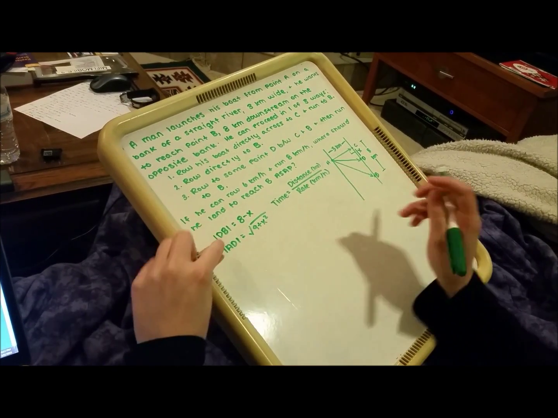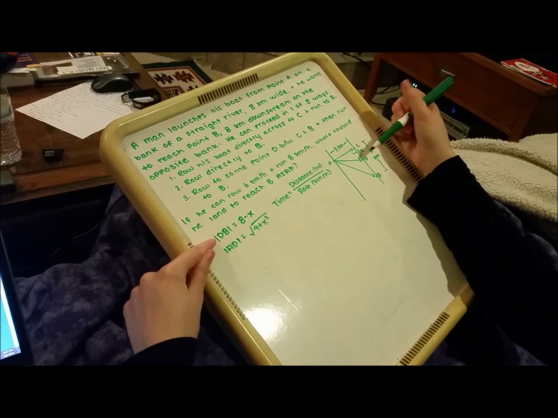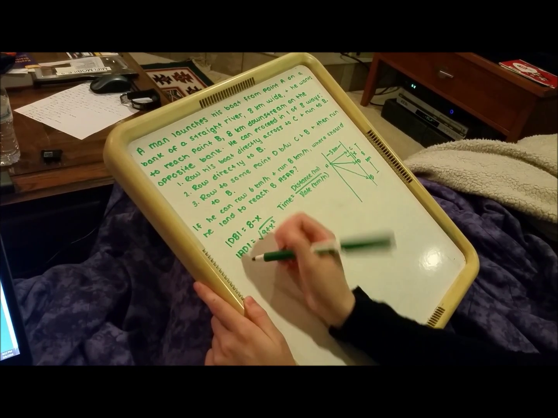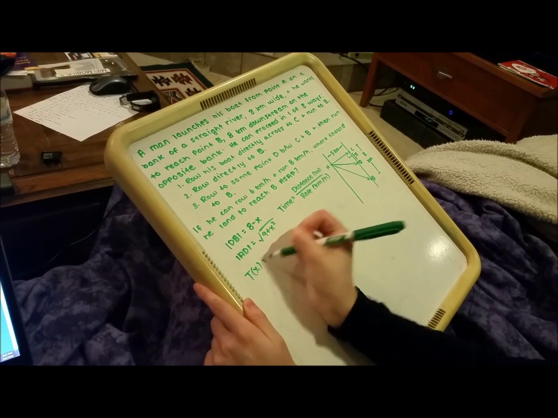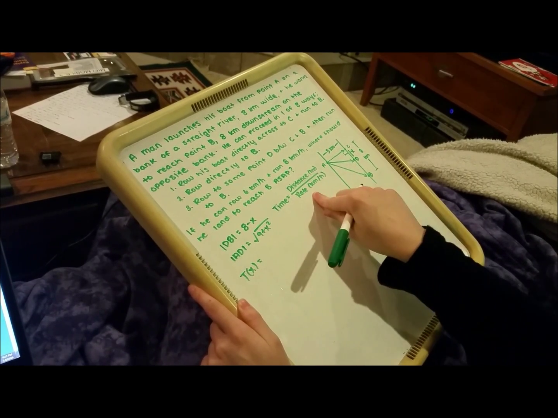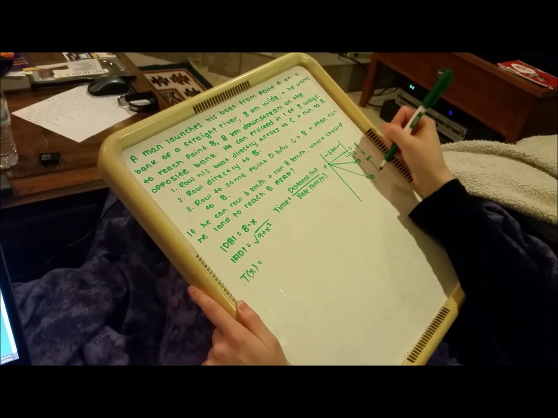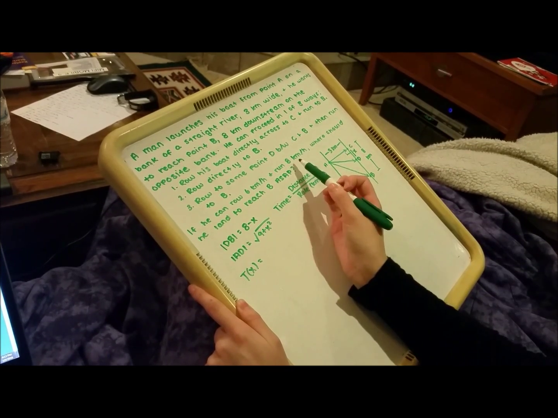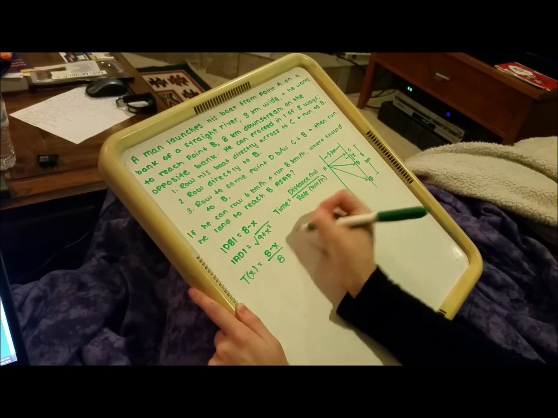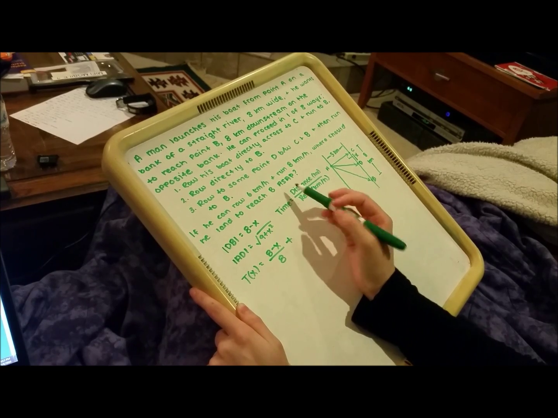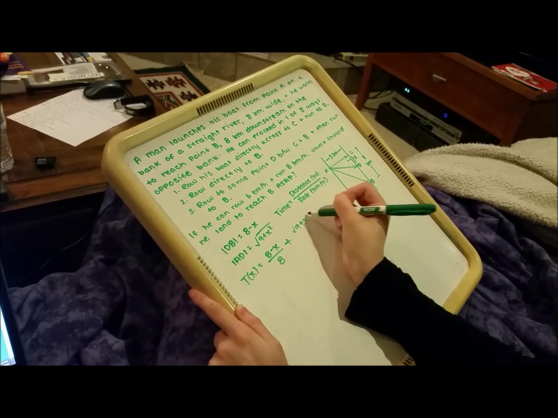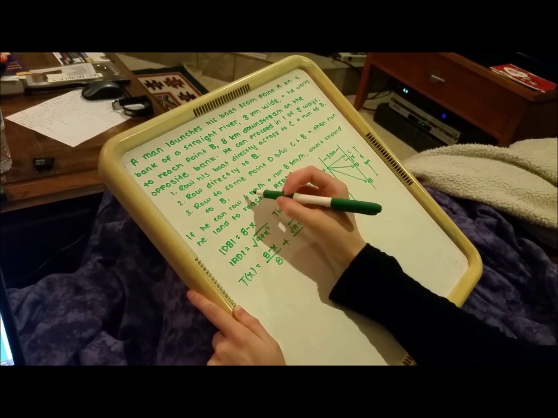So because our time needs to be the addition of DB and AD, t of x will equal the distance for running from D to B over our rate, which is 8 kilometers per hour, so (8 minus x) over 8, plus our distance from A to D, which is root (9 plus x squared) over 6.